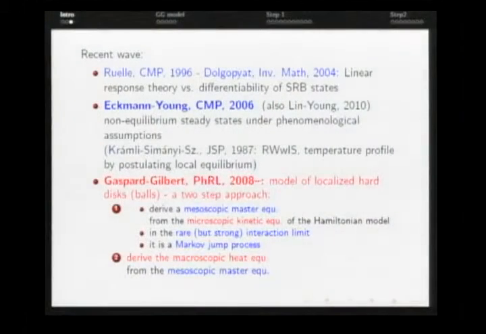And then in the mesoscopic description, you forget about the details. You only keep the energies of the n particles. So you forget a lot of coordinates. You reduce the number of degrees of freedom of the model.